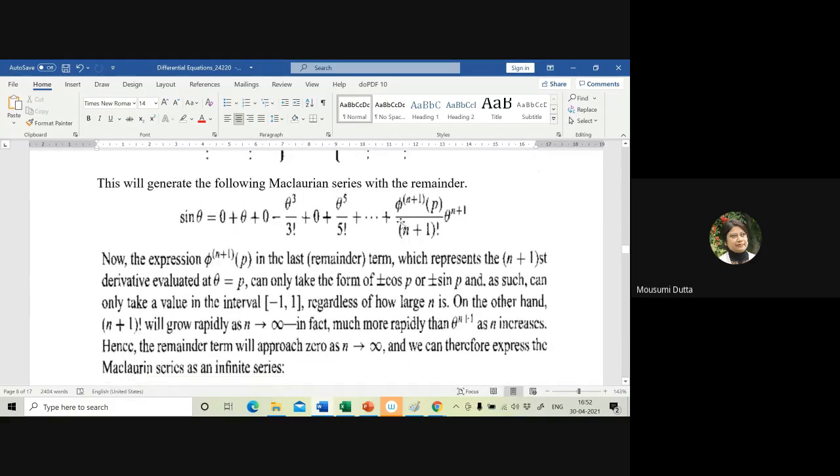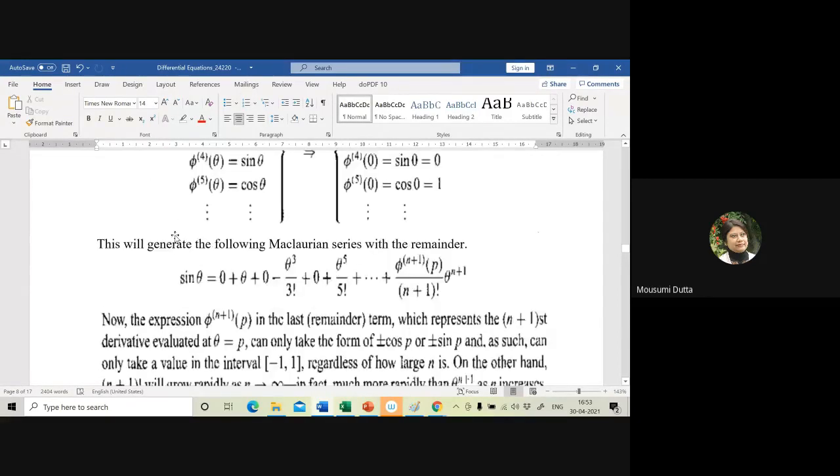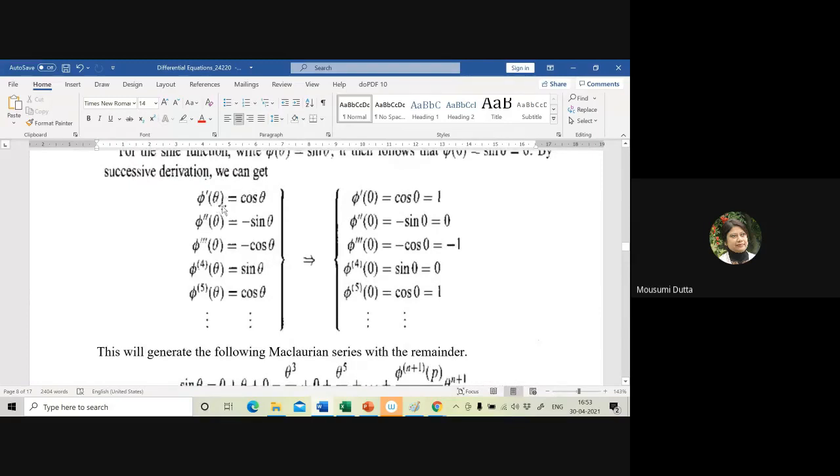So if I consider the last derivative evaluated at theta is equal to p, it will be plus minus cos p or plus minus sin p, because if I take the odd ordered derivatives, it will come in terms of cos. If we take even ordered derivatives, it will come in terms of sin.